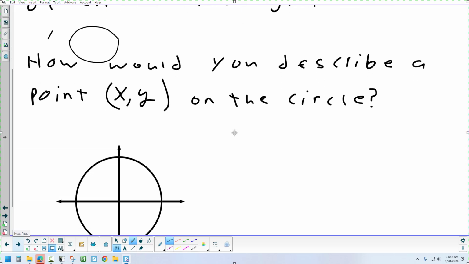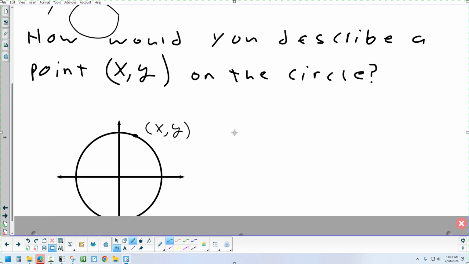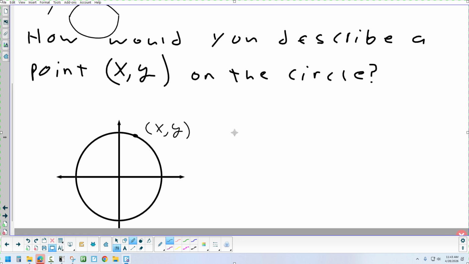Let's think about this point right there. If we can figure out how to draw one point on a circle, then we can figure out how to draw all the points on a circle. When we do things parametrically, how many equations do you have when you type it in on the calculator?